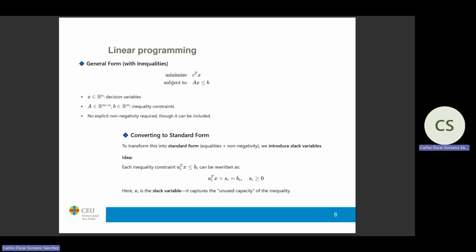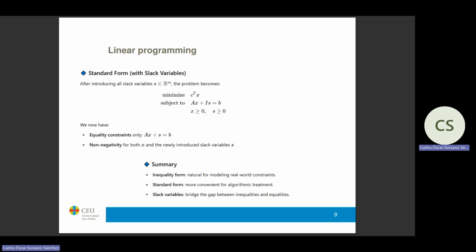So for all the constraints, I have 1 times my S. And my constraints are X larger than 0, S larger than 0.